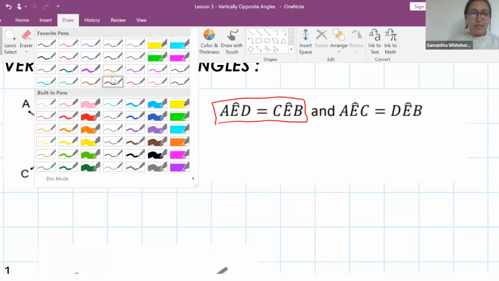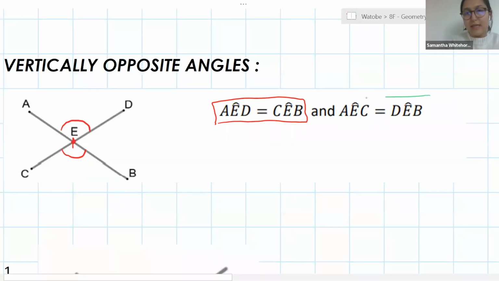I've also made a statement here that angle AEC is equal to angle DEB. Now remember, this is a notation that we need to know to label angles. AEC is this angle over here, and DEB is this angle over here. So those two green angles are equal in size to each other.